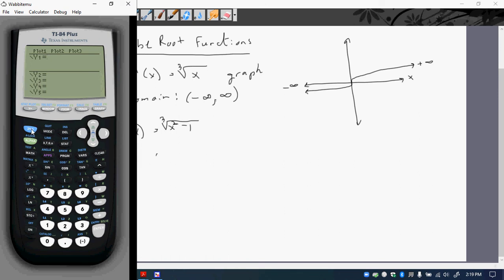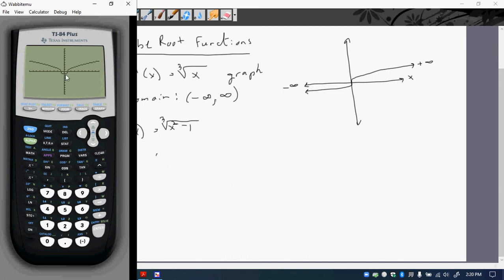We'll type in the math button, number 4, and then x to the power of 2, and then minus 1. Now if I graph that, you can see how it behaves. The domain is also negative infinity to infinity.